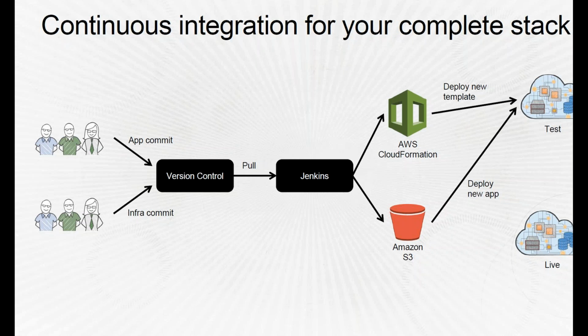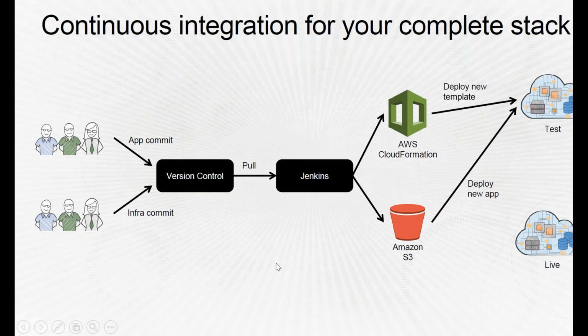And once it has the latest code, then it can start deploying it using CloudFormation commands, or it can trigger other downstream actions. In this case, we are talking about AWS CloudFormation. So it will go ahead and pick the template from S3, and it will send the template to AWS CloudFormation, and that AWS will create the stack itself.